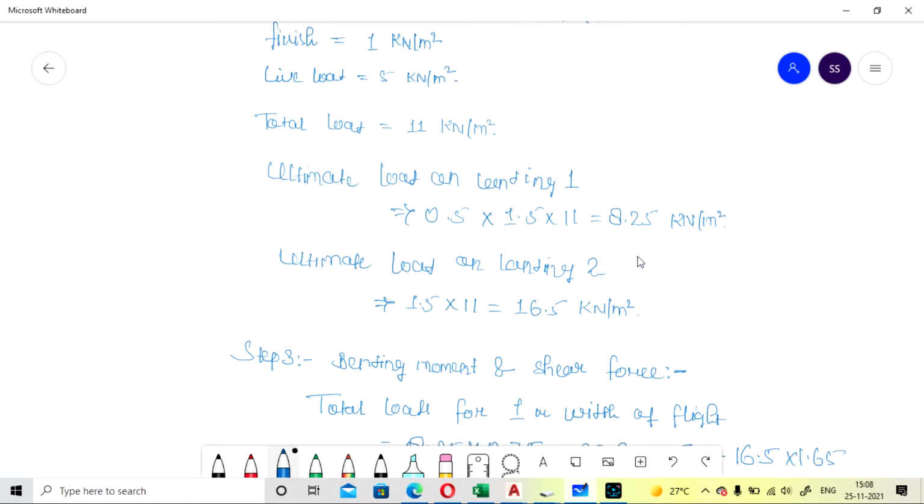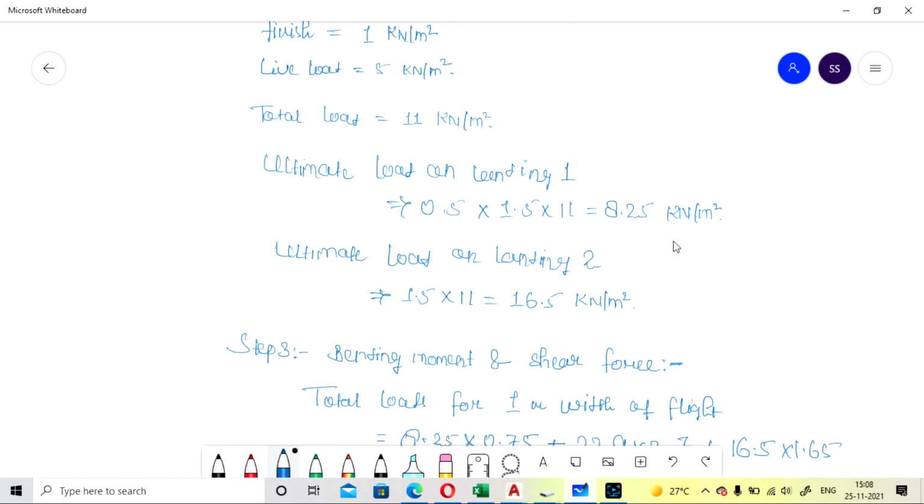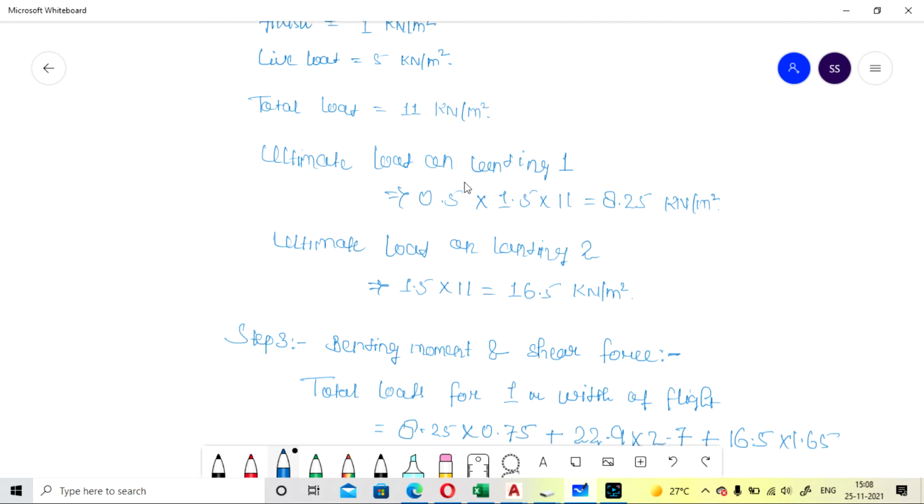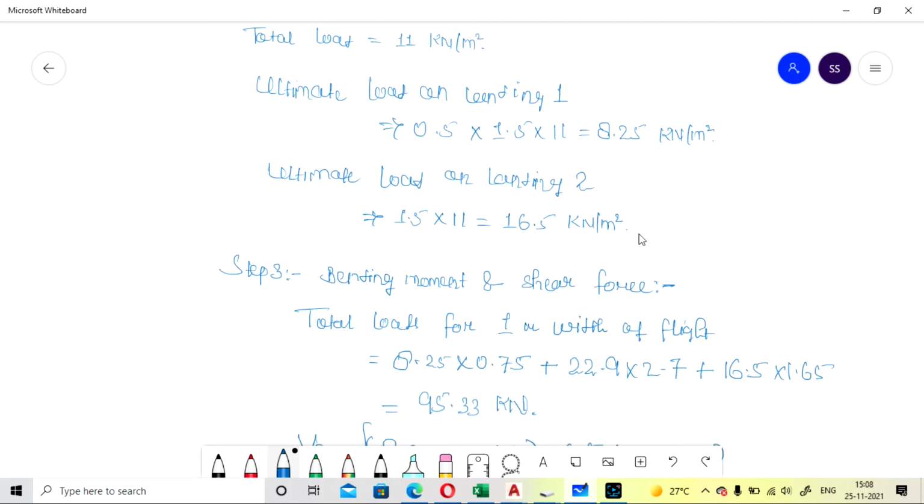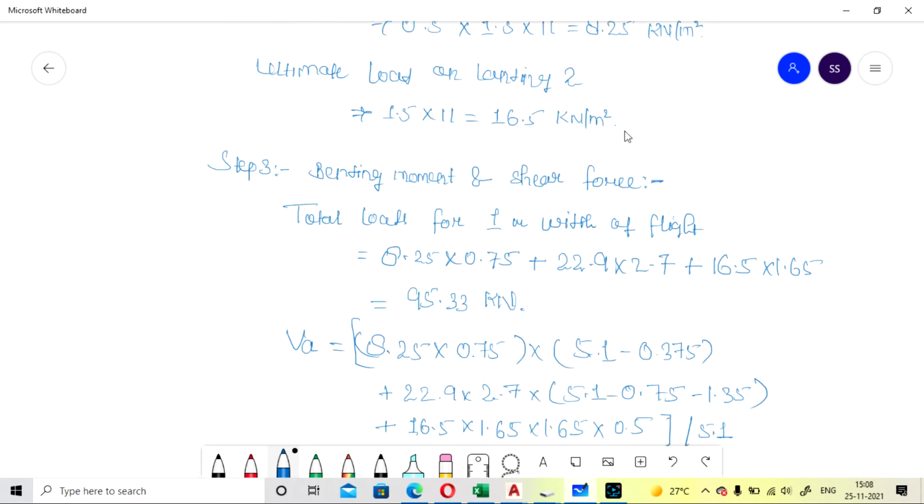So its load will be divided by 2. So 1.5 into 11 into 0.5, that is 50%, so it will come as 8.25 kN per meter square for landing 1, and for landing 2 it is 1.5 into 11, that is 16.5 kN per meter square. Okay, so load for landing 1 and landing 2 is calculated here.